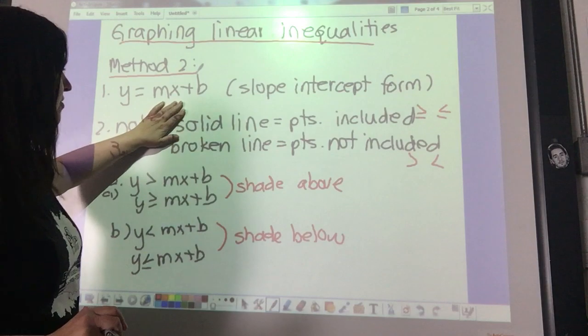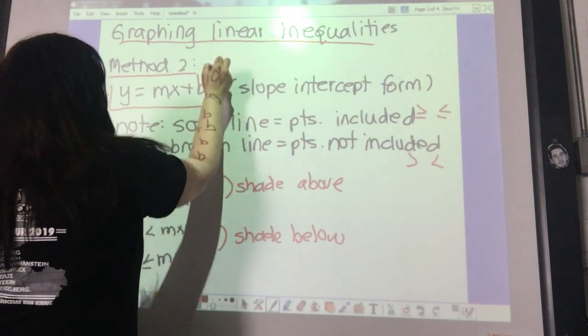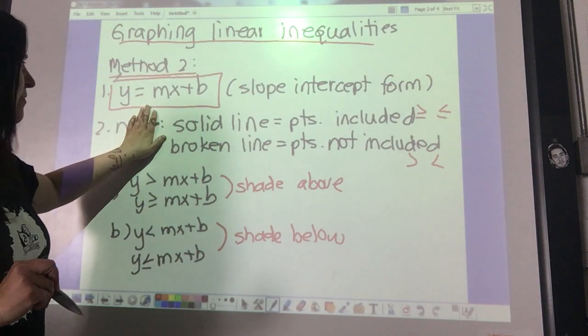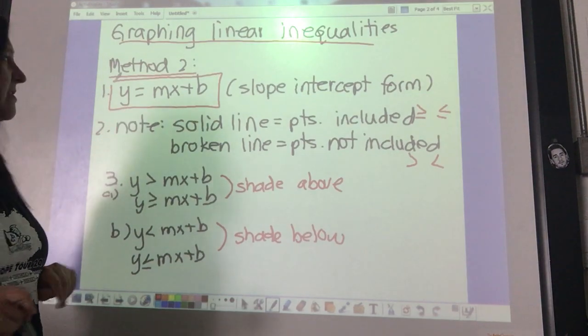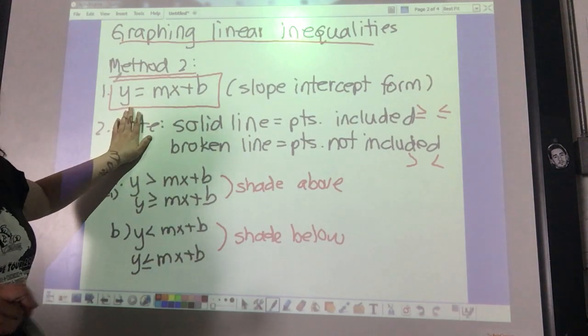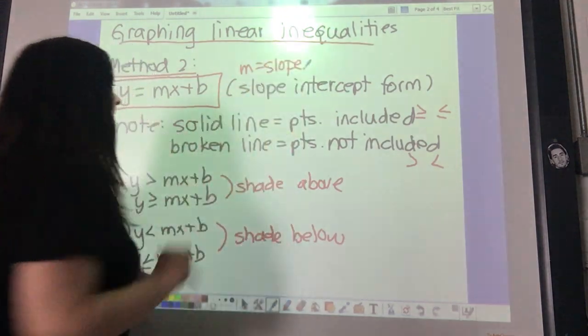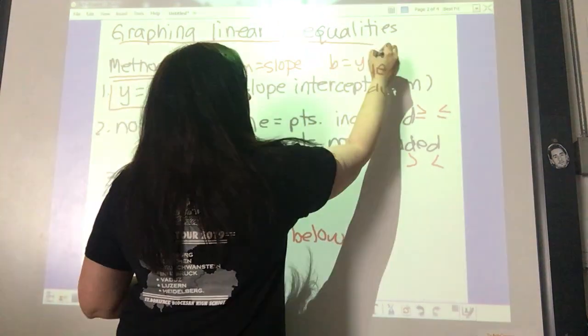So if you're using method 2, you do have to get your initial inequality into slope-intercept form. Now I know I'm putting an equal sign, but it's not equals, it's inequalities. I know that, I didn't make a mistake, but we're just going to start by putting it into slope-intercept form. So hopefully we remember from grade 10 math, once you have it in slope-intercept form, the m value represents our slope, and the b represents the y-intercept.